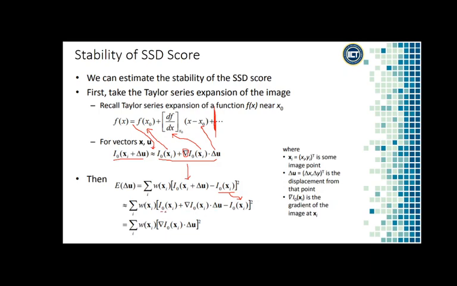So this term and this term are the same and they have opposite signs, so they will be cancelled out, and what we get is only this, which is the gradient values of the image at xi, and the displacement in the form of delta x and delta y, like the displacement in x direction and the displacement in y direction.